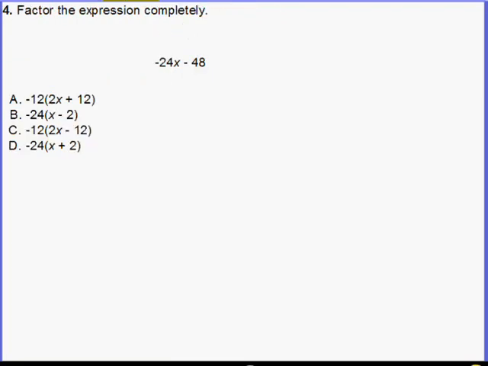Let's check out this one, number 4. We have negative 24x minus 48. What they're wanting you to do is factor. Okay? So whenever they have you factor, they're trying to have you pull out what is common between these two guys right here.